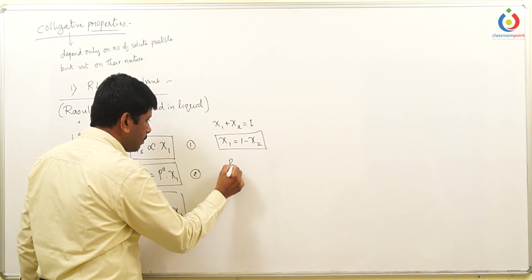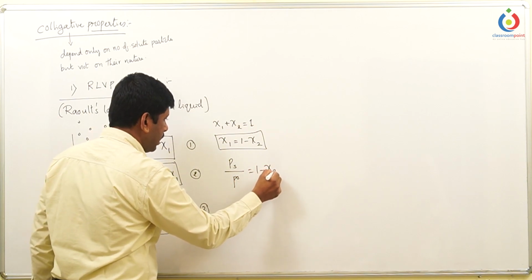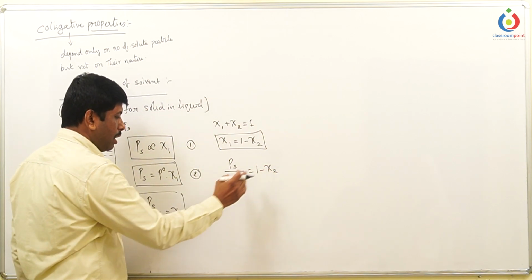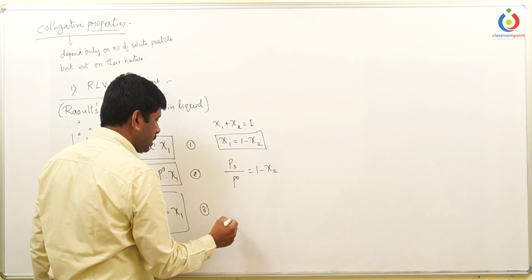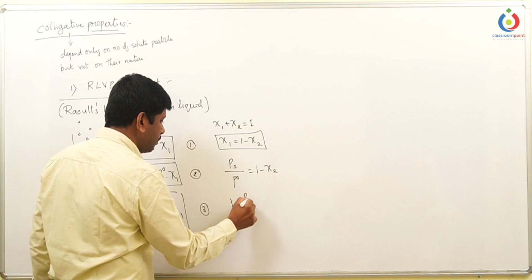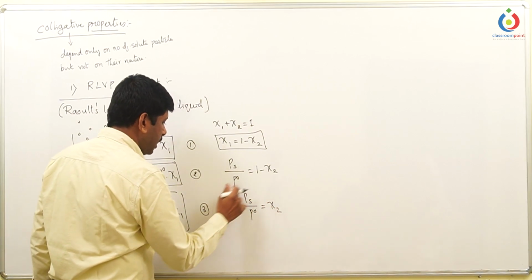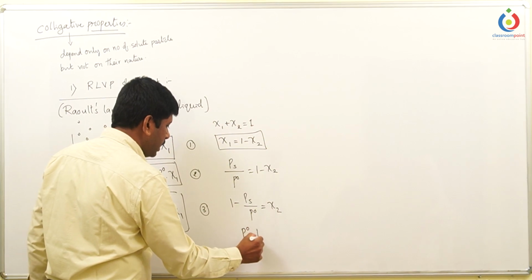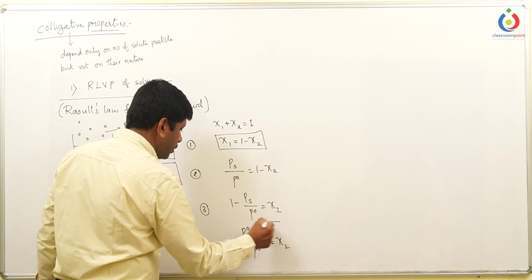So we get PS by P0 equals 1 minus x2. Now rearrange the equation so that 1 is on one side and x2 on the other side. So we get 1 minus PS by P0 is equal to x2. And now we get P0 minus PS by P0 is equal to x2.